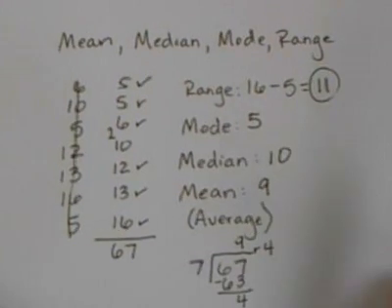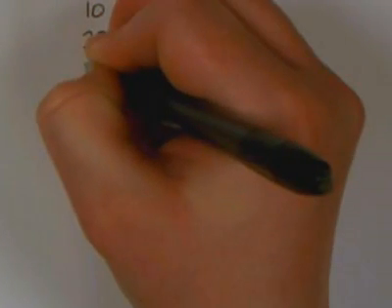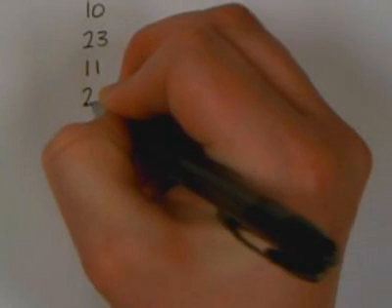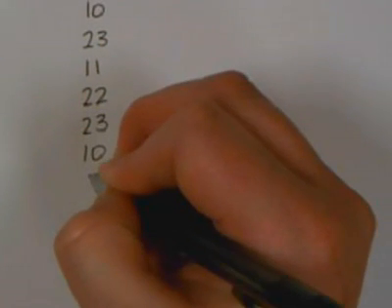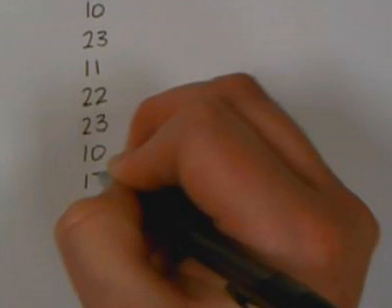Let's do another set of data. Okay, this time let's say we have 10, 23, 11, 22, 23, 10, and 17. Okay? Now, first thing we always do is put them in order from least to greatest.